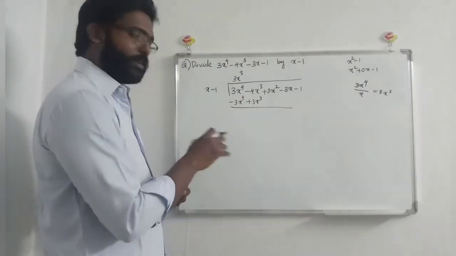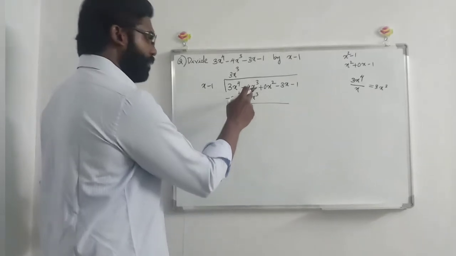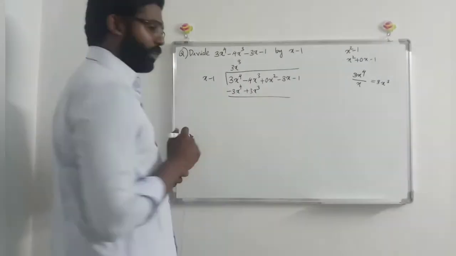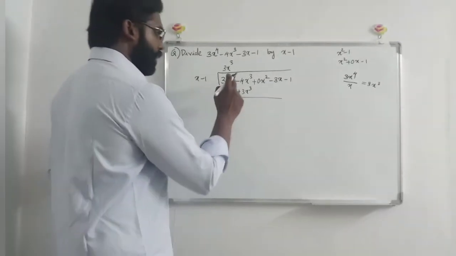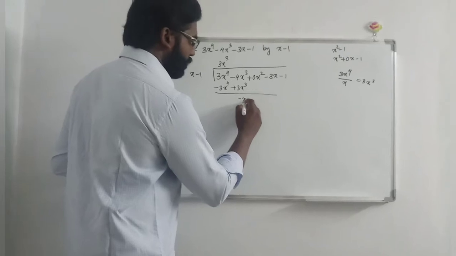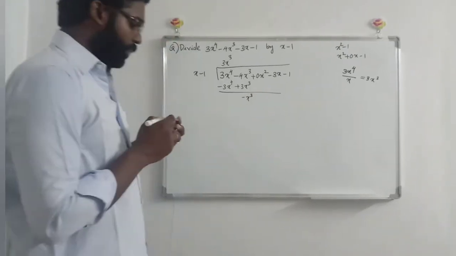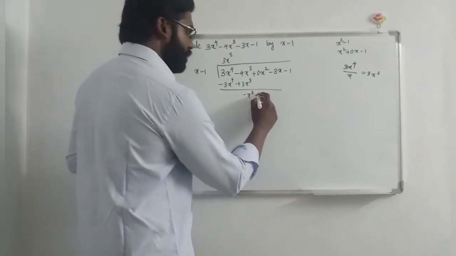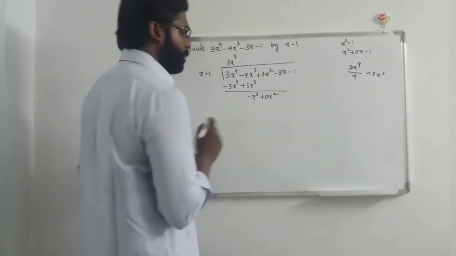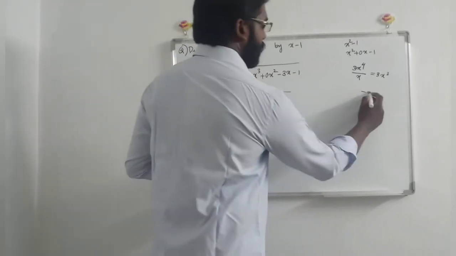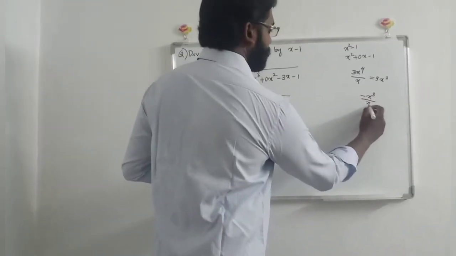The first term is cancelled. Minus 4x cubed and plus 3x cubed: minus 4 plus 3. Minus and plus, so subtract the smaller from the larger and give the sign of the larger: minus x cubed. Next one, 0x squared. Then divide this first term by this term, minus x cubed by x.